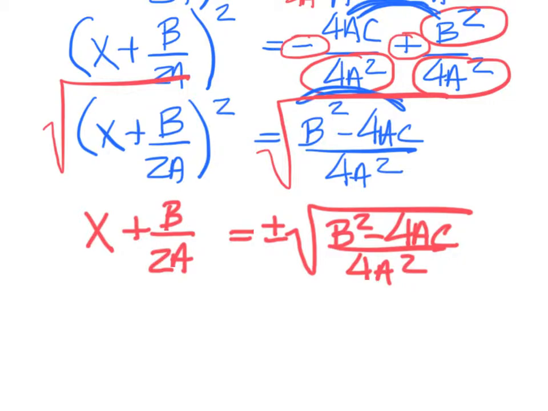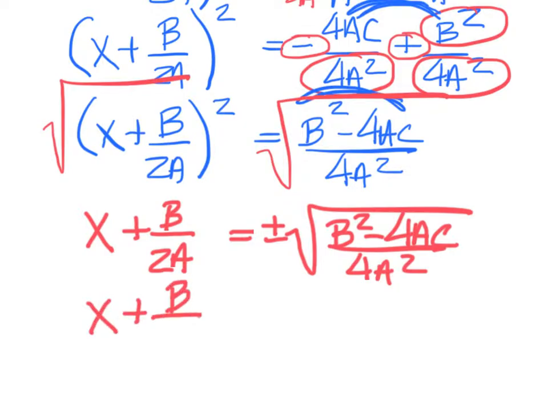But I can simplify that. On the top, b squared minus 4ac is not a perfect square, but on the bottom, do we have any perfect squares on the bottom? Is 4 a perfect square? Yes. Is a squared a perfect square? Yes, it has a square sign on it, so it's a perfect square. So we can simplify that a little bit.